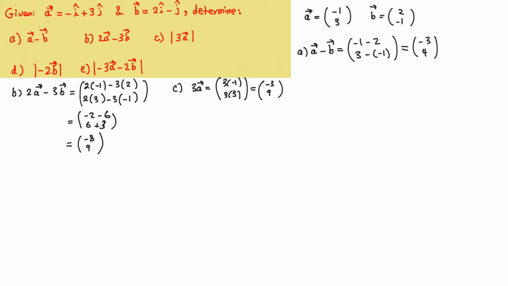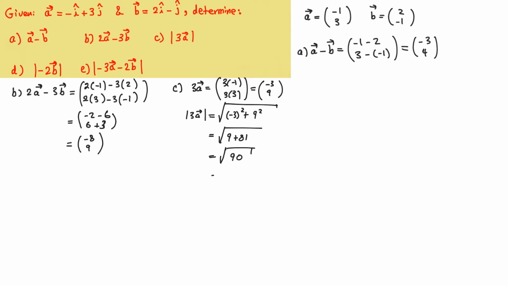So now I want to figure out the magnitude. So the magnitude is the square root of the x component squared plus the y component squared. And this will give me 9 plus 81, which is equal to square root of 90.